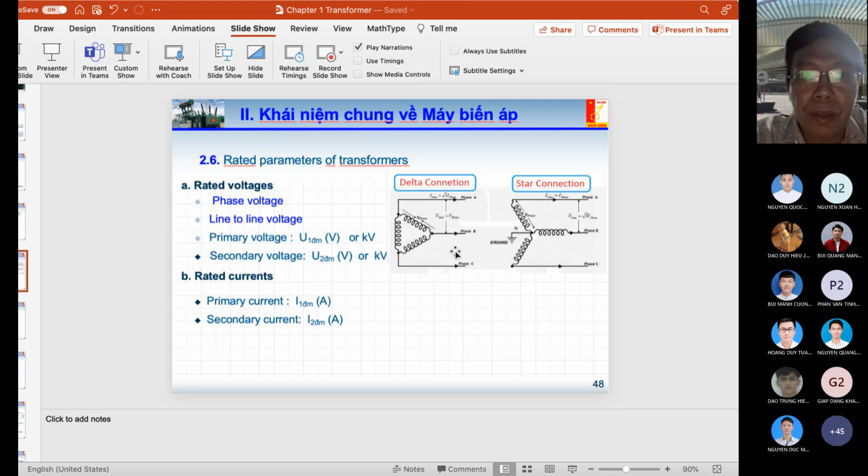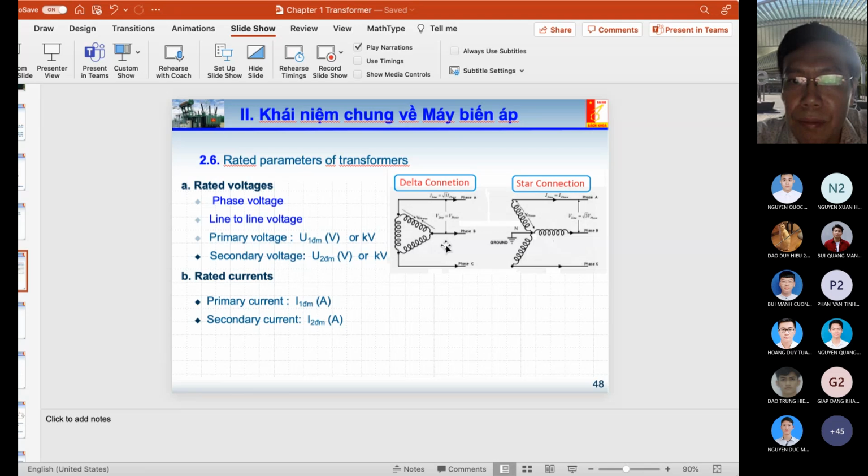Of course, for the delta connection here, you can get the line to line voltage. Line to line voltage means that we take the voltage between two phases. For example, here we can take the voltage of phase A and phase B, the UAB, or otherwise you can take the line to line voltage of phase B and phase C. So it's very easy.